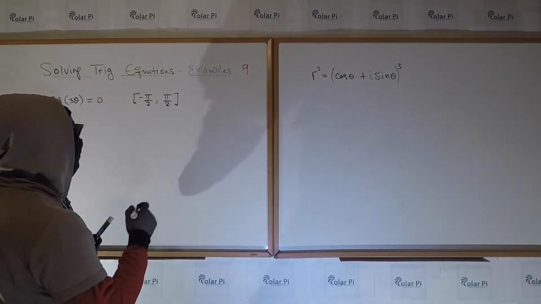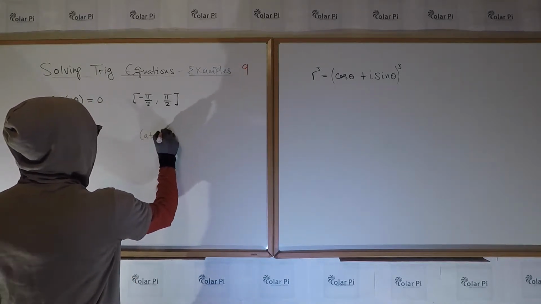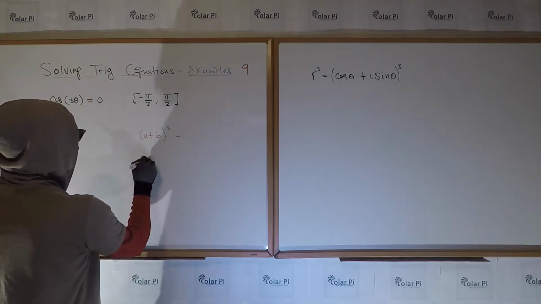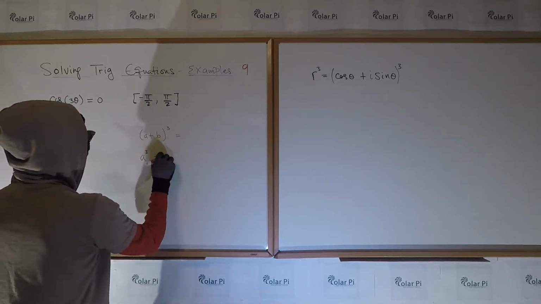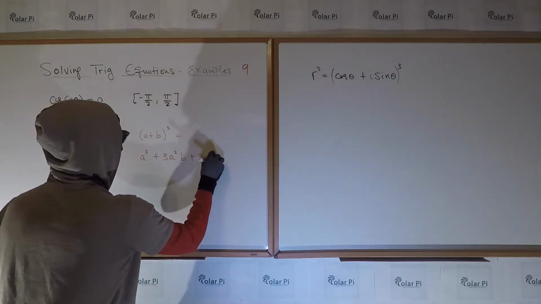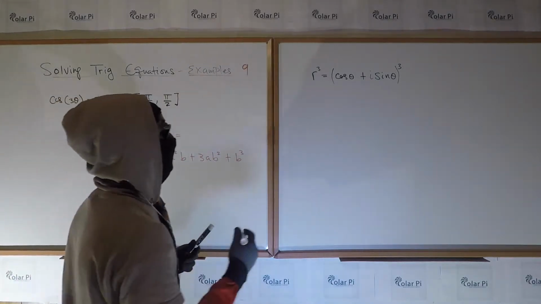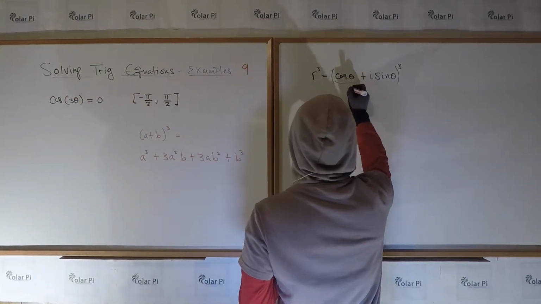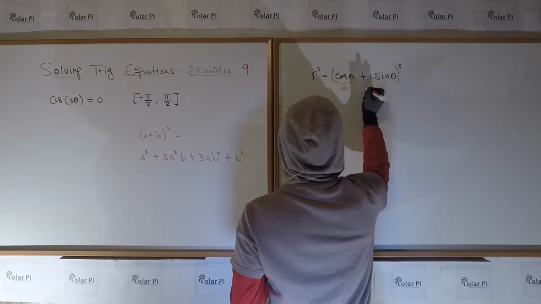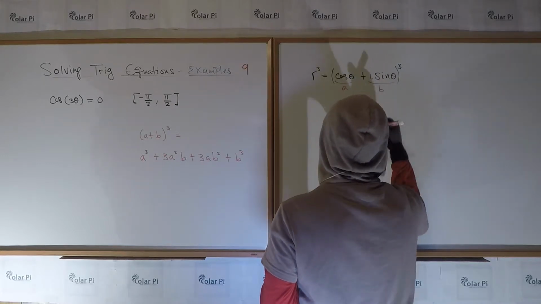Now we know from binomial expansion that a plus b to the third power is equal to a cubed plus 3a squared b plus 3ab squared plus b cubed, right? And so we could let a be cos theta, and then b be i times sine theta, and we have a plus b cubed here.